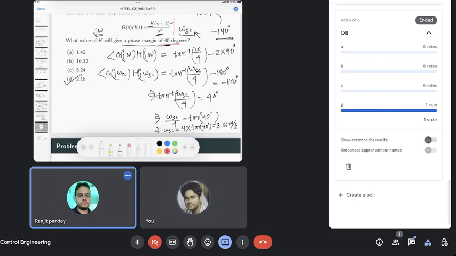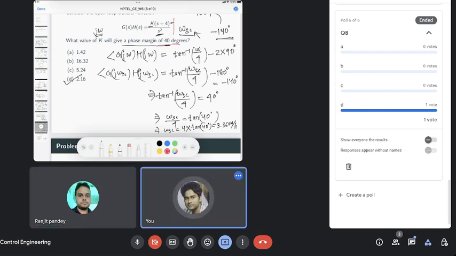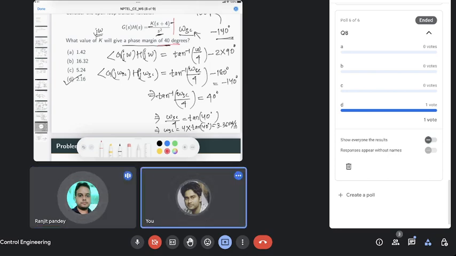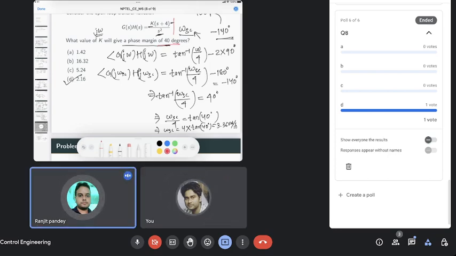No, as I told you, the negative of this angle is increasing, right? So -200 degrees. Okay, sir, means my system is unstable. Yeah, unstable, because it is crossing -180 degrees. Yeah, right. You are right there.